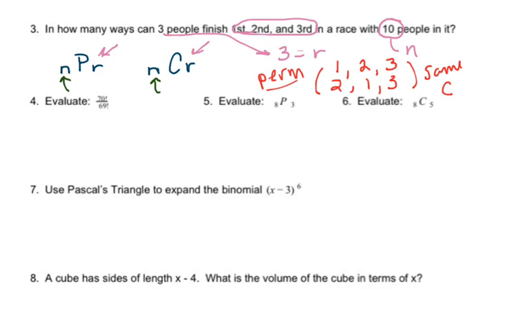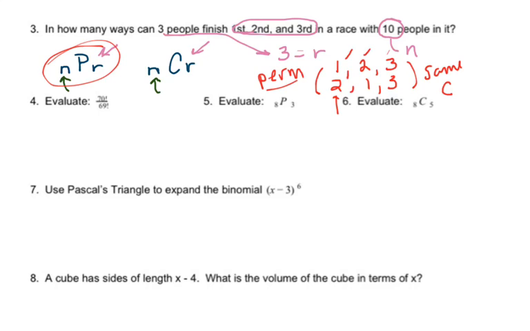So if this is Bill, Joe, and Sue, that is way different than Jill, Bill, and Sue. If we change the order in which they come in, they get different medals. So the order in which those 3 finish the race matters. In that case, it's a permutation.